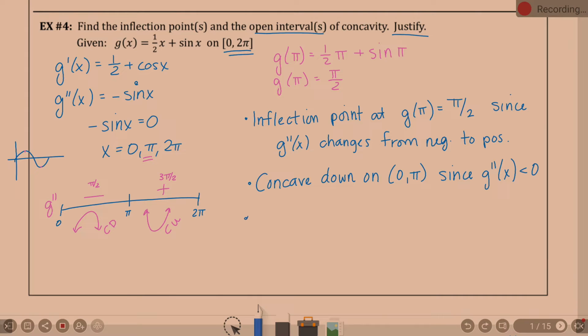G of x is concave up on the interval pi to 2 pi, and that is because the second derivative of x is greater than 0.